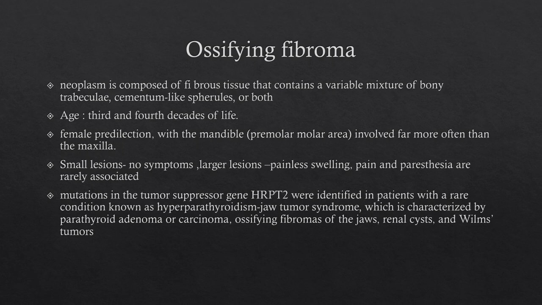It's a neoplasm composed of fibrous tissue and contains a variable mixture of bony trabeculae or cementum-like spherules or both. It occurs in the 3rd to 4th decades of life, with female predilection, and the mandible being the most common area. It's different from Paget's, where elderly males are affected and the maxilla is the common site.